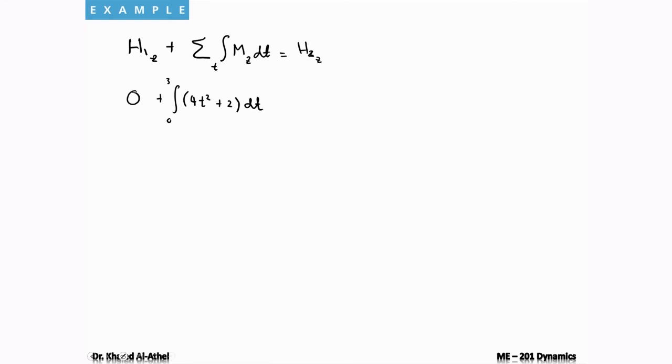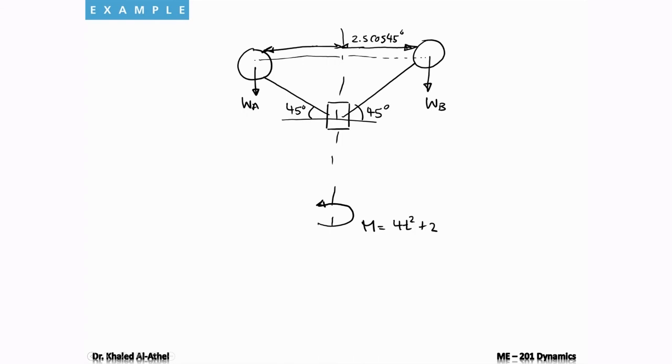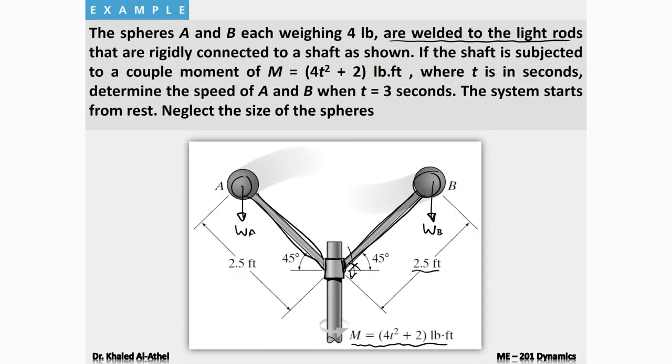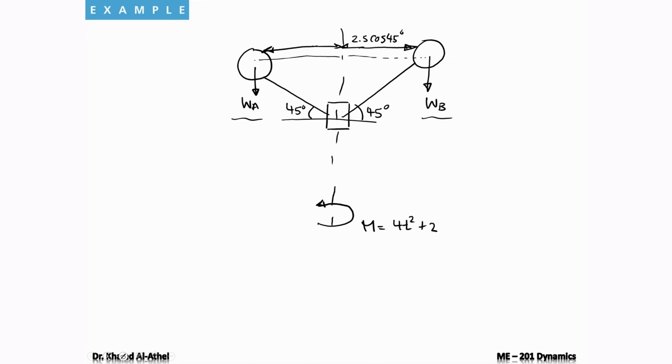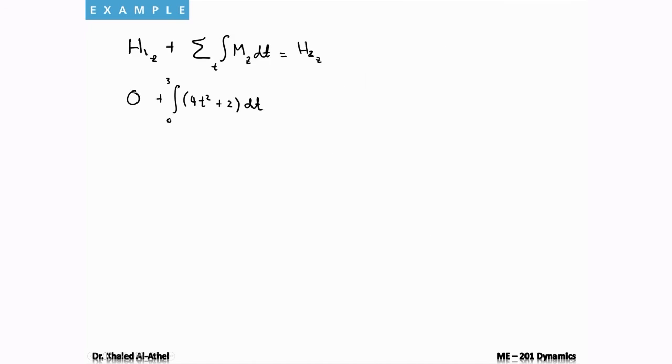Then go back to the problem. The weight here does not give me any moment around the z-axis, or the vertical axis, in this problem. So we are calling this axis the z-axis. They are parallel to it, so they don't give me any moment in this case. So that's the only force that I have.